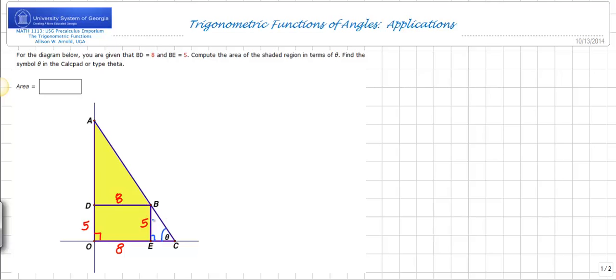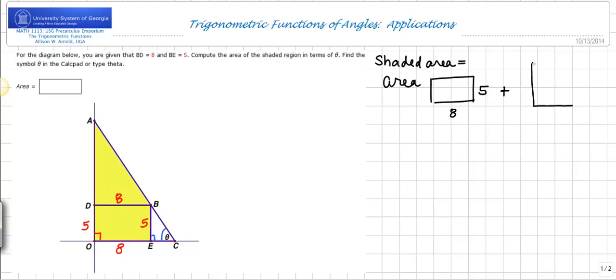Okay, so my first thought is the following, that the area, the shaded area, is comprised of the area of the rectangular region, which we know the dimensions, plus the area of the triangular region, that we can probably better describe.